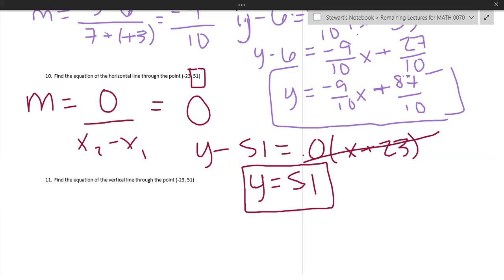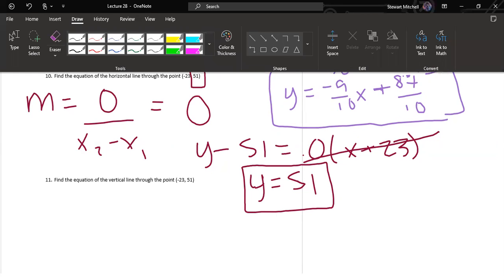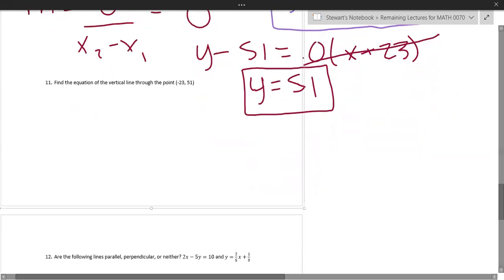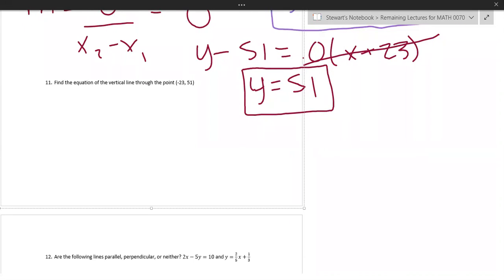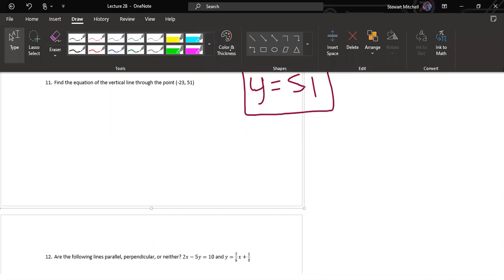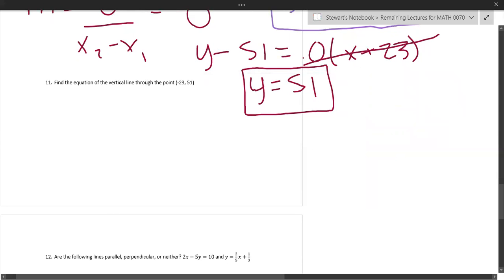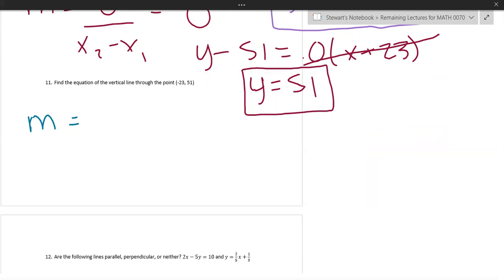Okay, now in a somewhat similar spirit, find the equation of the vertical line through the point -23, 51. Vertical lines are always going to have an undefined slope, because you're going to have y2 minus y1 for finding the slope here, but x2 is going to equal x1 in this case, so the denominator is going to be 0.